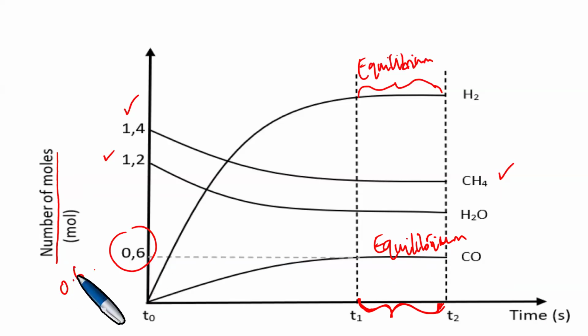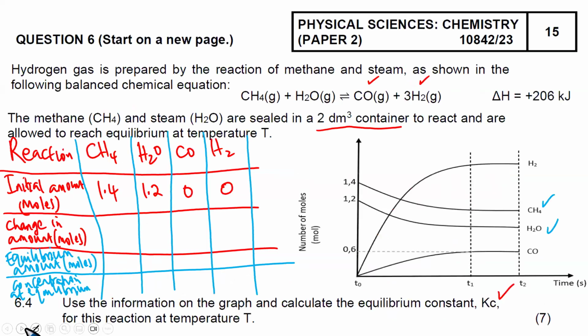So we have 0.6 moles of carbon monoxide at equilibrium. Put it in the right block: 0.6 moles at equilibrium.